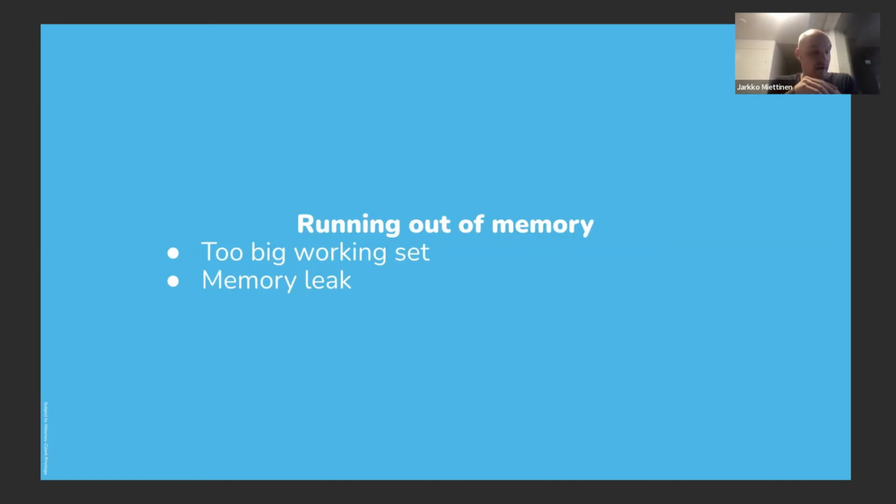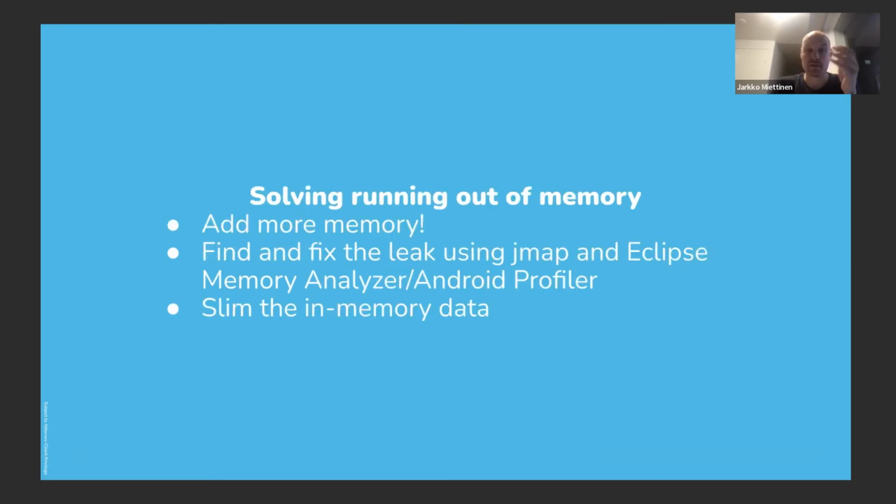But after that, if we see that we are running out of memory, one thing to do to make sure that is the case is take a heap dump. This can be done using either the jmap command line tool, Eclipse Memory Analyzer, or Android Profiler, or we can do that programmatically.